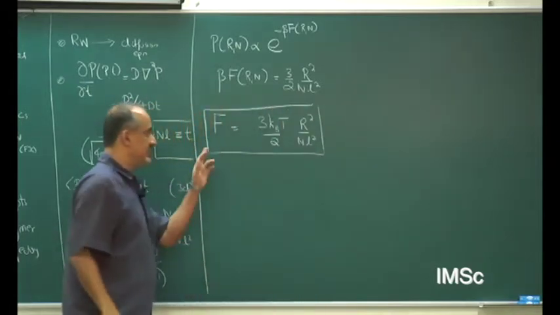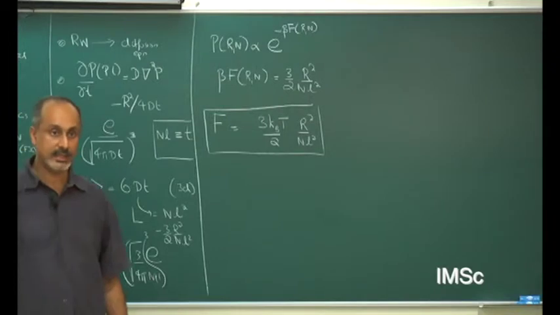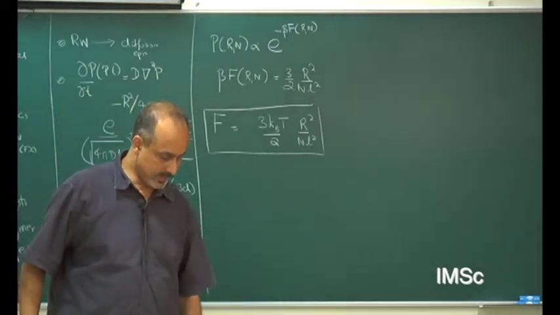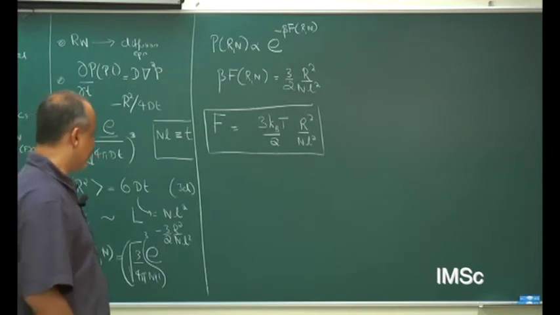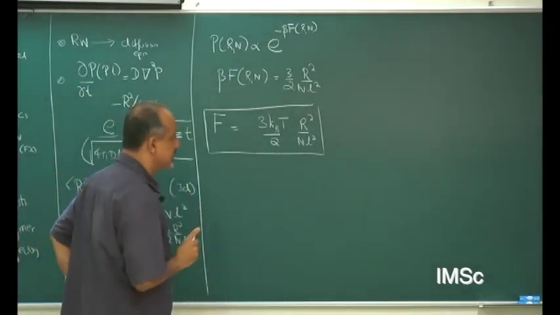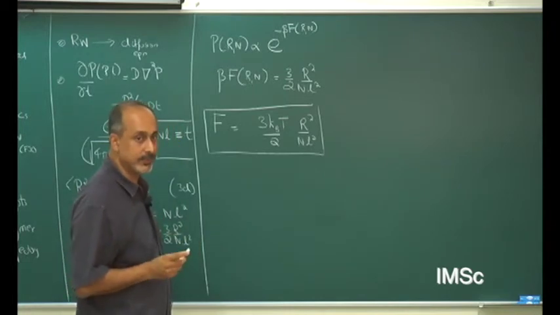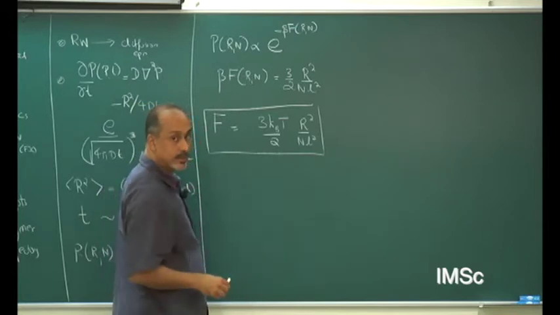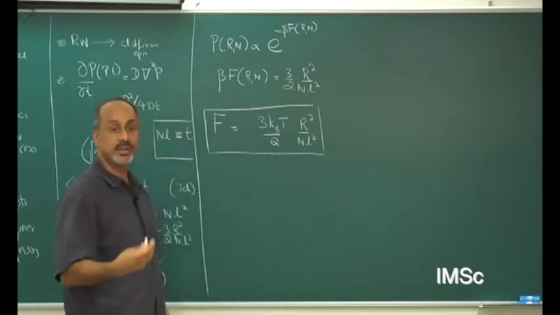So this is the free energy as a function of r and n, okay, for a polymer. And this was actually a fairly important result for us. From here, let me do the calculation that I did the last time, but a little more carefully. From an equation like this, where f depends upon r, I can find out what the conjugate variable is.